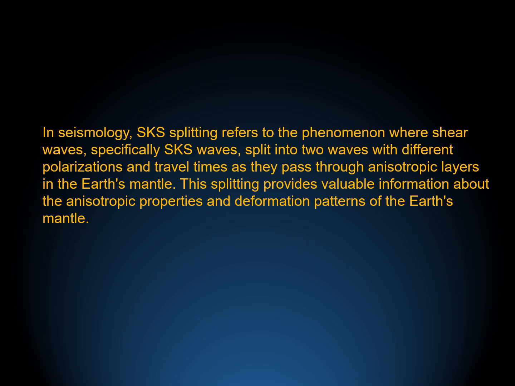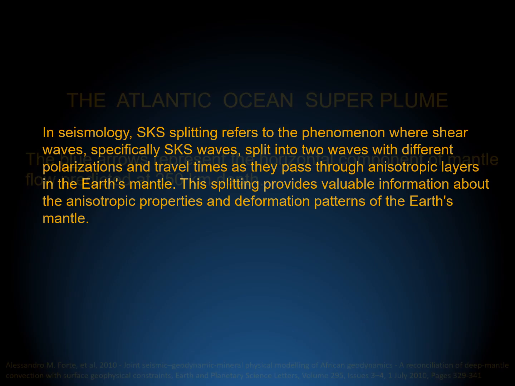In seismology, SKS splitting refers to the phenomenon where shear waves, specifically SKS waves, split into two waves with different polarizations and travel times as they pass through anisotropic layers in the Earth's mantle. This splitting provides valuable information about the anisotropic properties and the deformation patterns of the Earth's mantle.